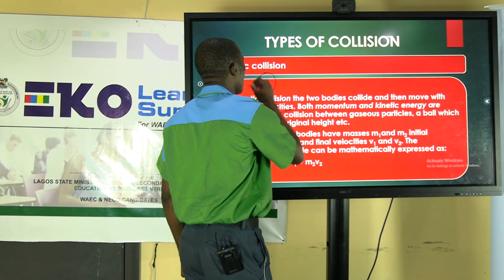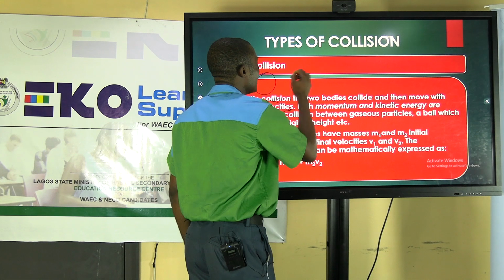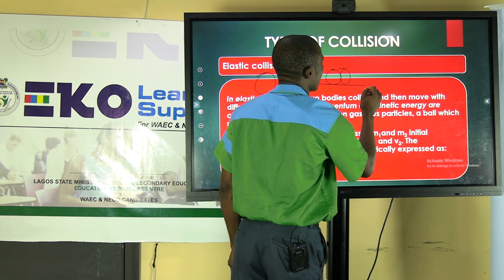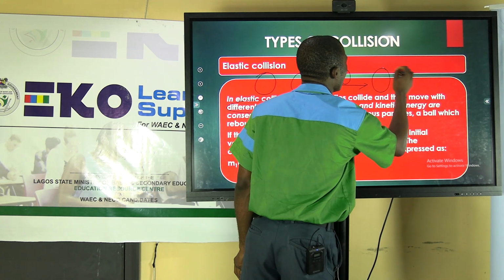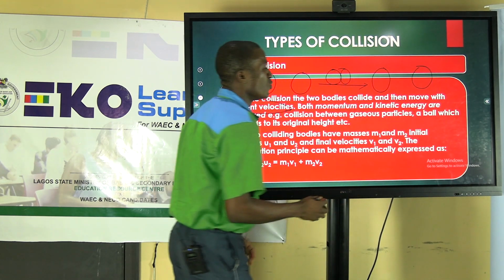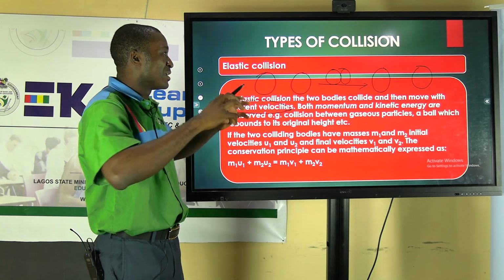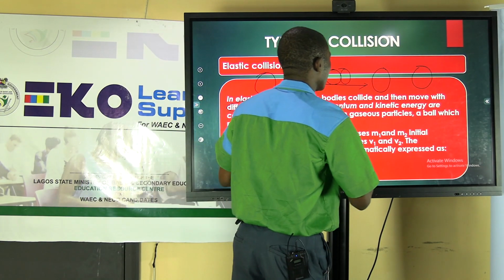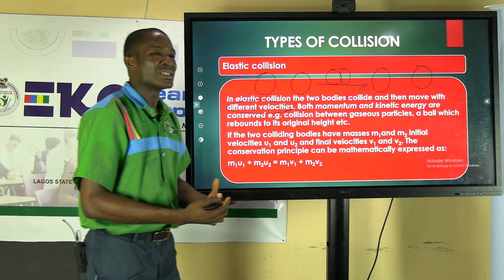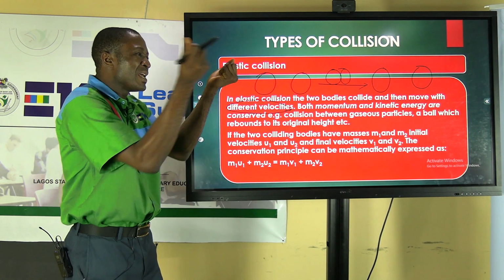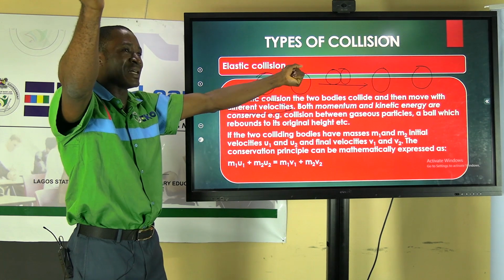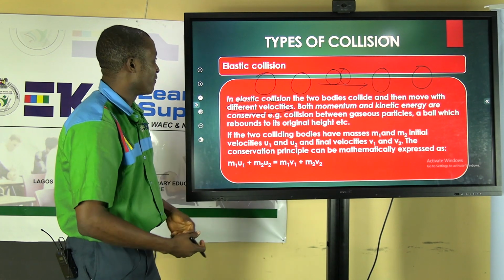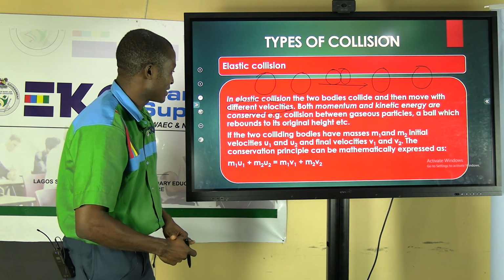If you have these objects moving and there's a collision between the two of them, after the collision, both of them move their separate ways. We say this is an elastic collision. An example is the collision of gas molecules. It is elastic because once they hit themselves, they move their separate ways. They don't stick to each other. That's an example of elastic collision.